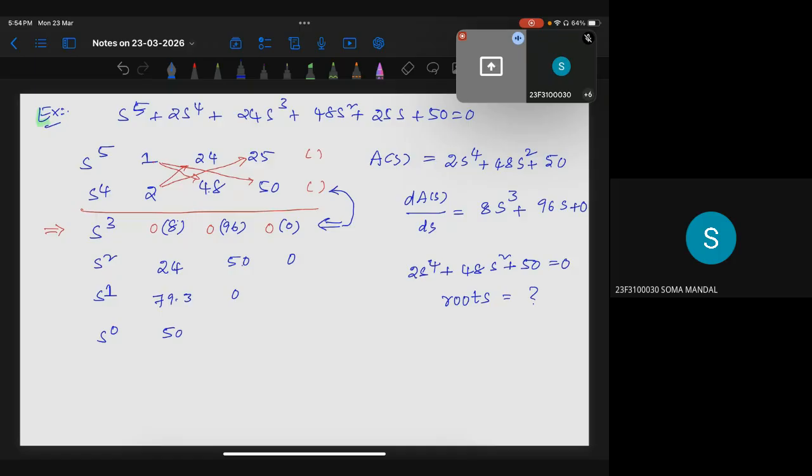You will get 4 roots. In this case, I think they are complex conjugates, or you'll get roots on the j omega axis. On the j omega axis, you'll get them. Hence, the system is marginally stable.